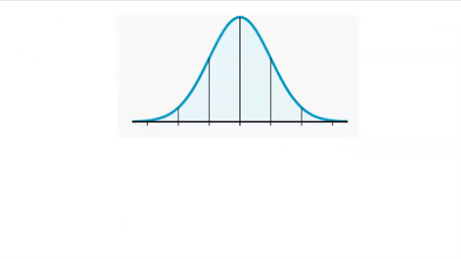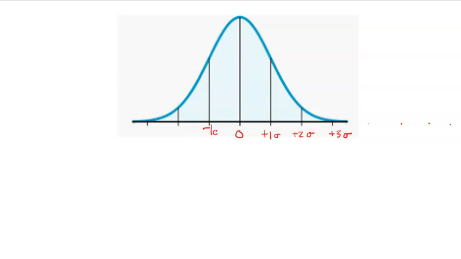So let's take a look at a normal model here. And remember, a standard normal model has a mean of 0, and then it goes up 1 standard deviation, up 2 standard deviations, and then up 3 standard deviations. Now, there is 4, 5, 6, 7, but it's very unlikely for a value to be more than 3 standard deviations above the mean.